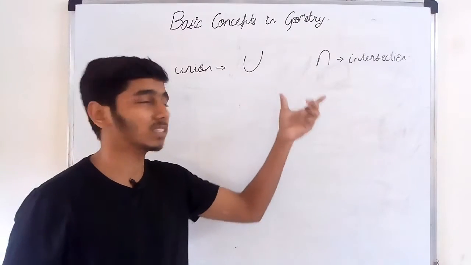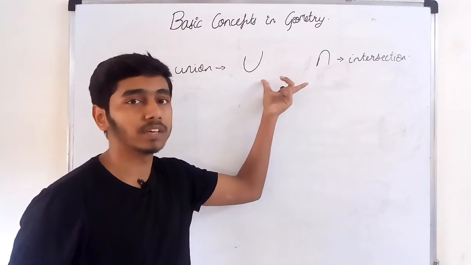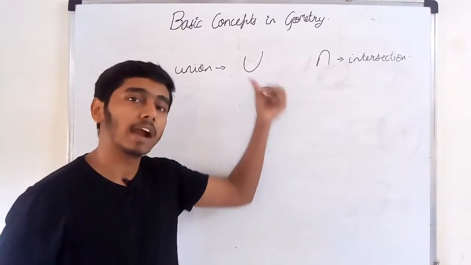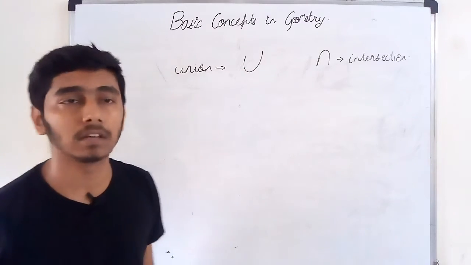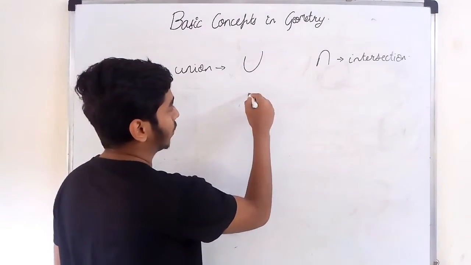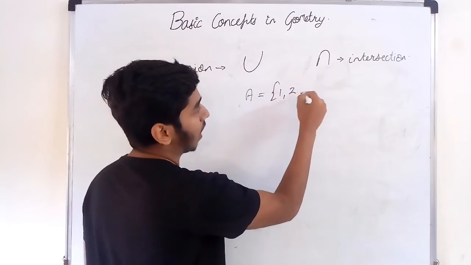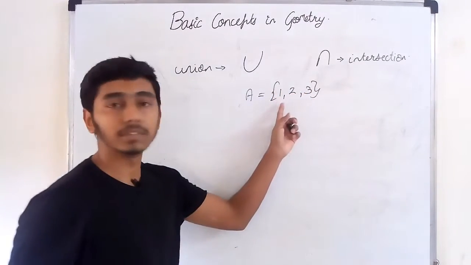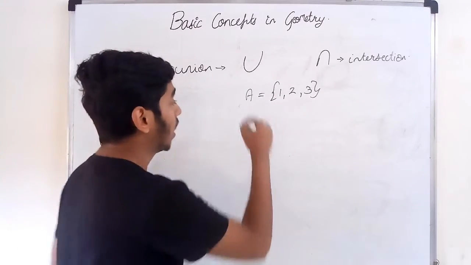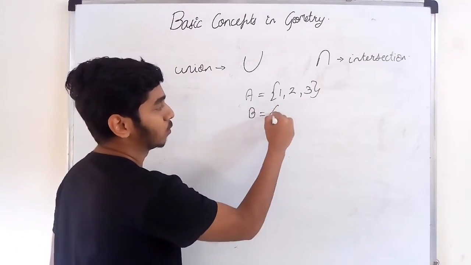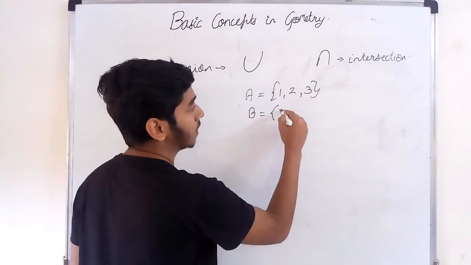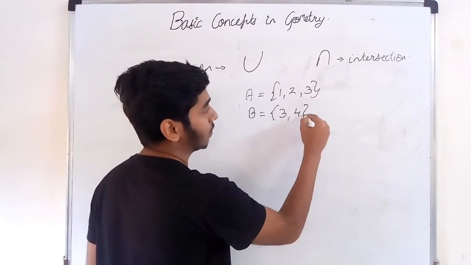Without wasting much time, we'll look at union and intersection with an example, and then start with our topic. Suppose we have a set A with three elements, 1, 2 and 3, and another set B with elements 3 and 4.